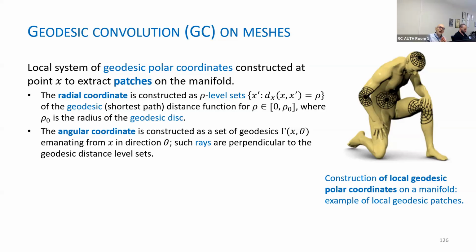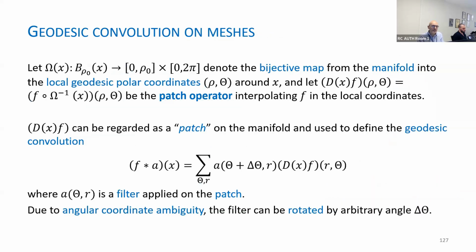If we go in a specific direction, we have some lines on the surface, and these provide us the angular subdivision of the neighborhood of a point. This is the way they are able to construct these local geodesic polar coordinates on the map. So this is the way we can define this local region.